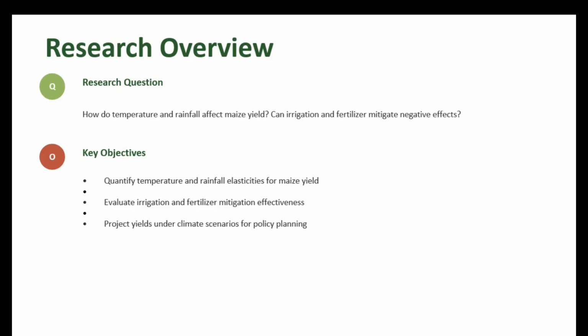So I'm having two questions, right? Even though it is in one. That is true, it's two questions. How the temperature and the rainfall affect the maize yield, and how fertilizer mitigates the negative effects.